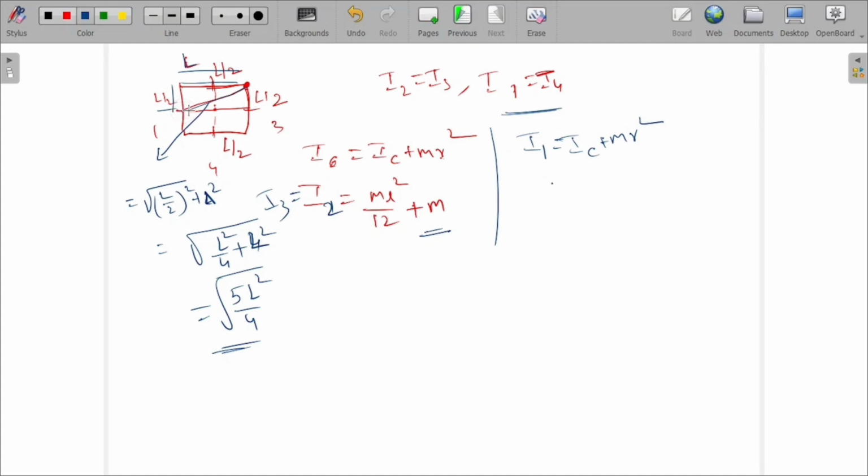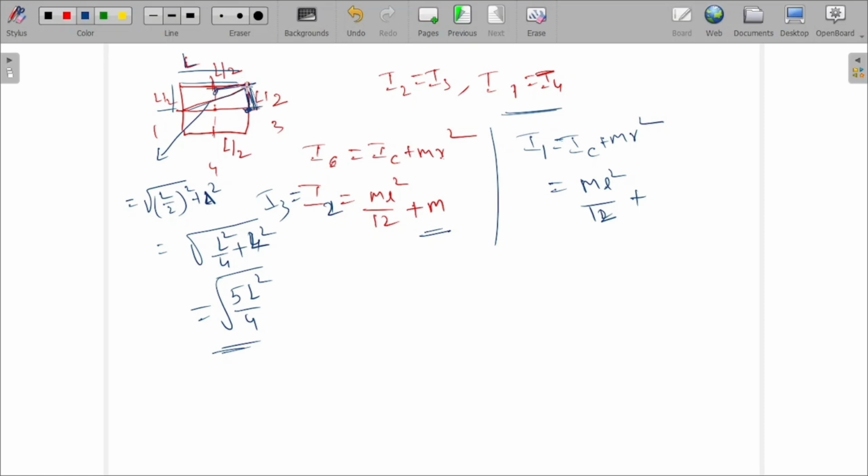Okay. Next, then I1 is IC, ml square by 12 along the center axis of rotation, ml square by 12 plus mr square. So mr square means what distance? Second rod, this rod or this rod, what distance? This is the second rod, this is the third rod. From this, at what distance is it?